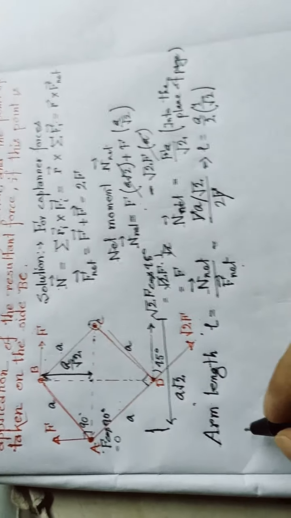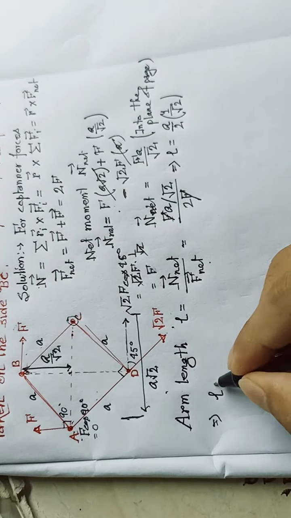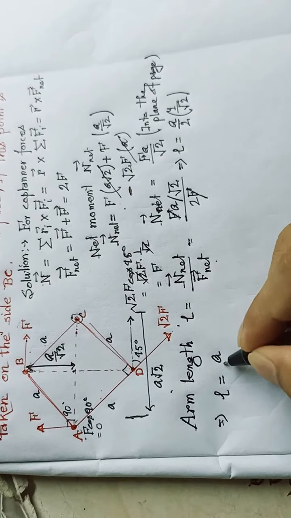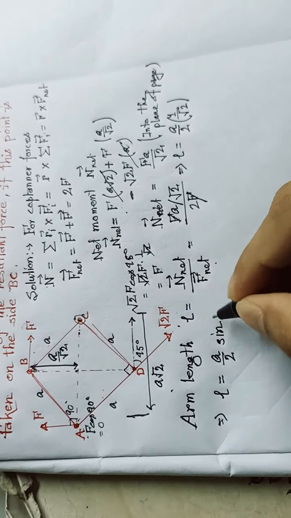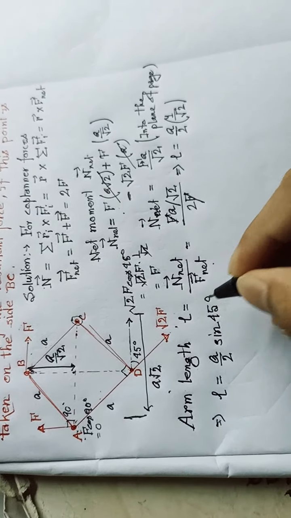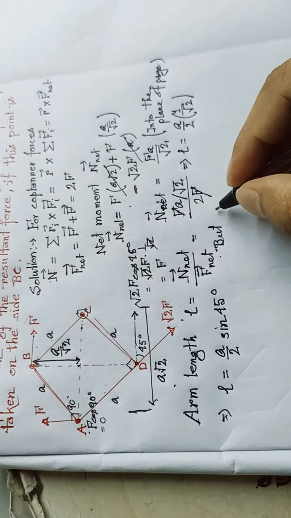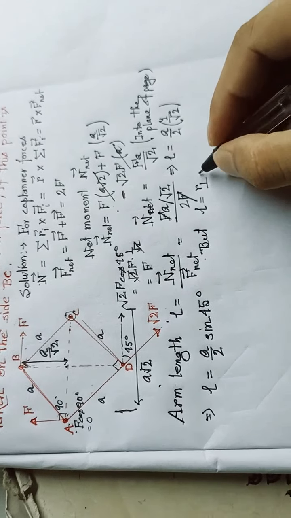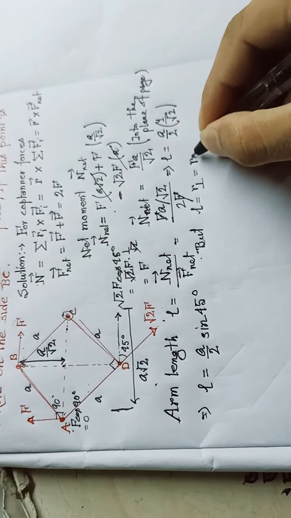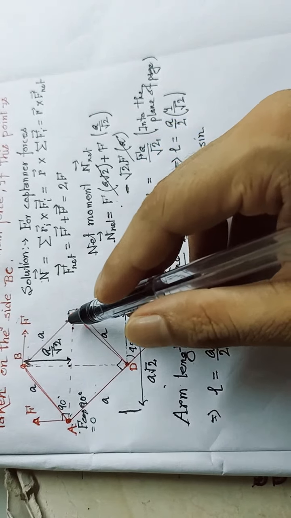So our arm length will become L equal to A divided by 2 sine 45 degree, but arm length L is equal to R perpendicular, equal to R sine theta. But now theta is, here we are seeing that this theta is 45 degree.